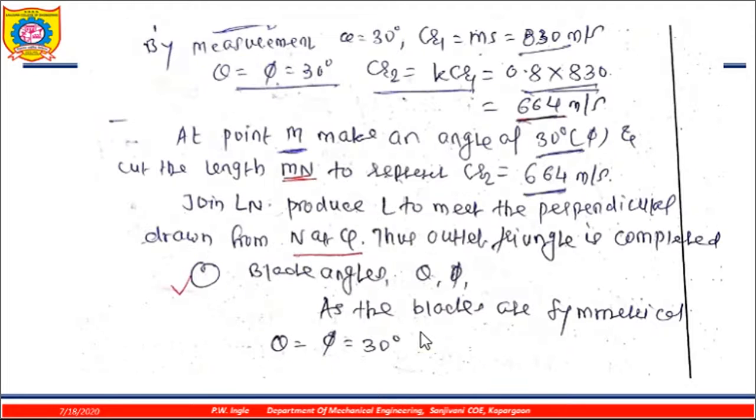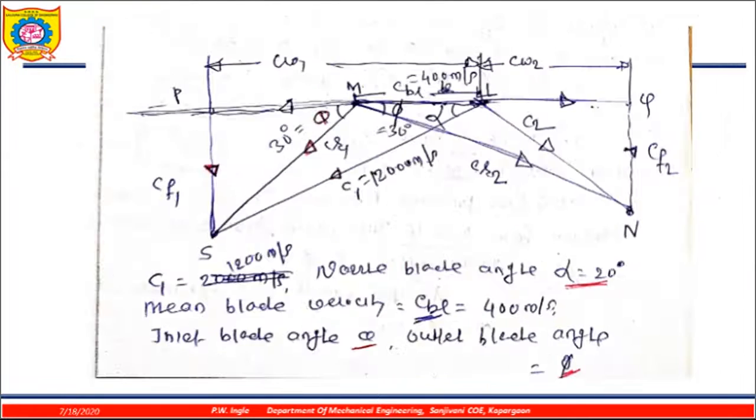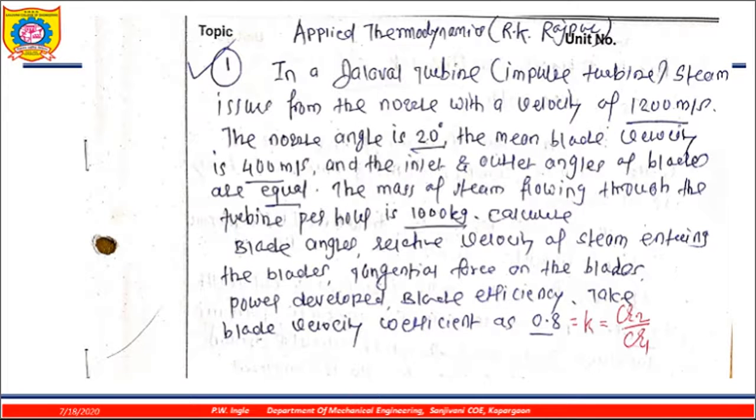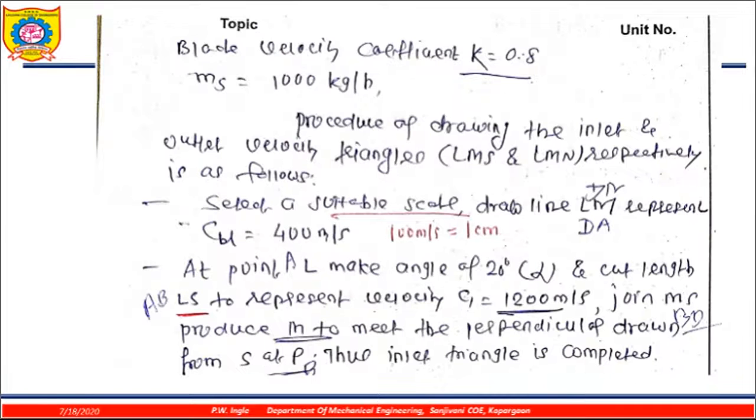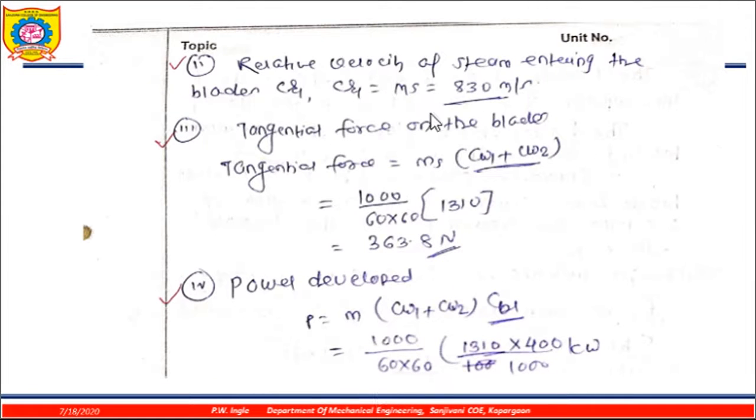So the blade angles theta equal phi. Next, the relative velocity CR1. Then the tangential force on the blade is m(CW1 + CW2), so it is 1000 by 3600, since the flow is in kg per hour and you have to convert it into kg per second.